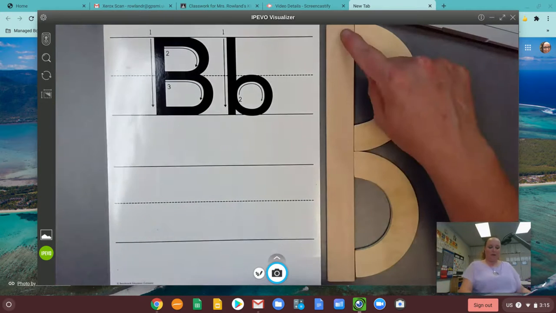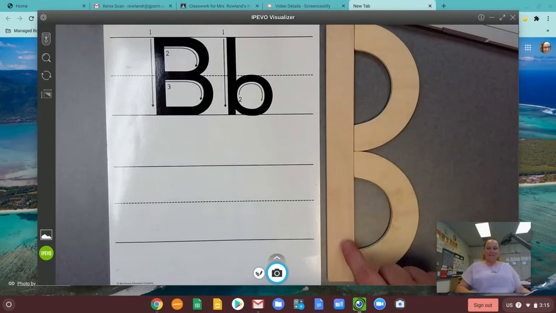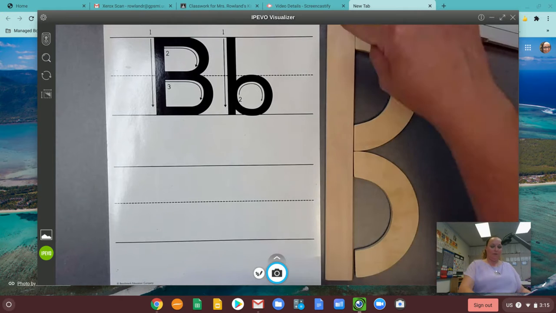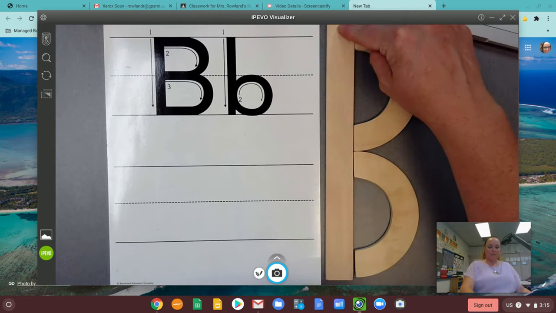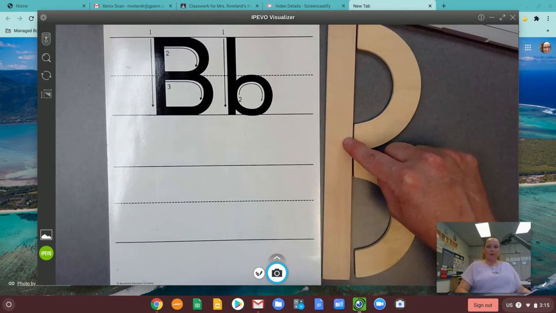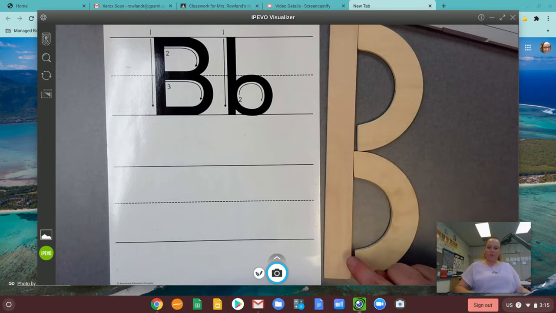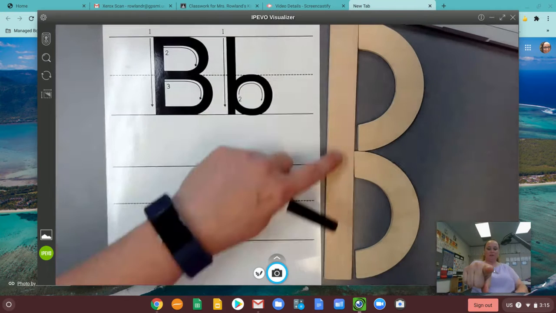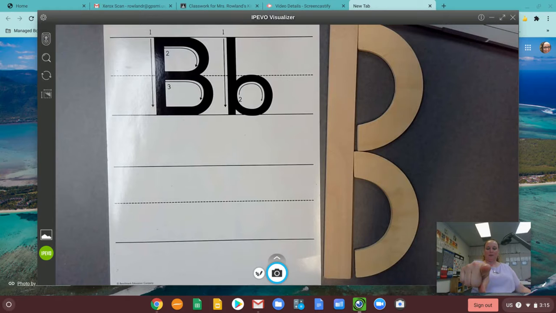To do letter B, we have a big line down, and then we get to do that frog jump. That frog jump where we hop all the way back up to the top, and then we do one little curve, two little curves. So let's go ahead and just trace that right in front. So you can point right in front. If you want to trace your fingers right along that line, that's okay, but here we go.